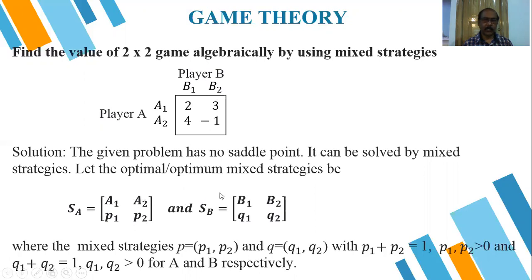SB is the strategy of player B, selecting B1 with probability Q1 and B2 with probability Q2. Since these are probabilities, P1 plus P2 is equal to 1 and P1, P2 are greater than 0. Similarly, Q1 plus Q2 is equal to 1 and Q1, Q2 are greater than 0.